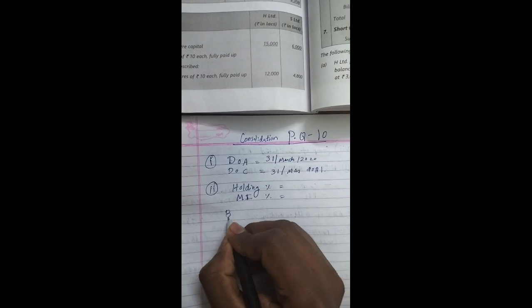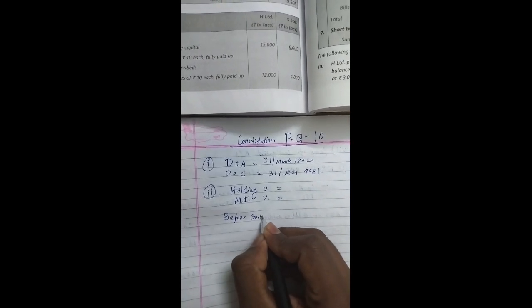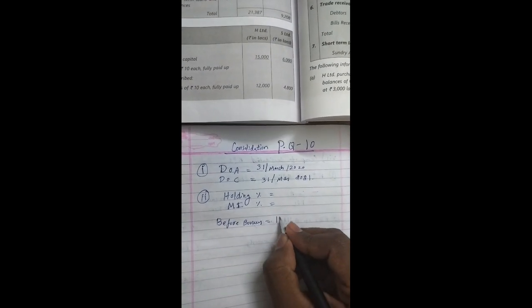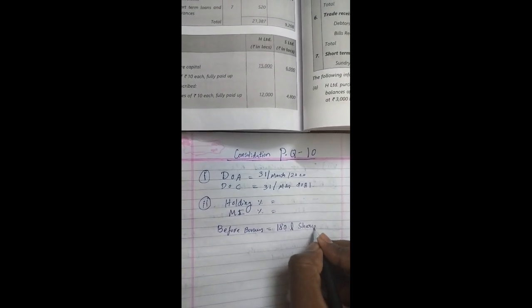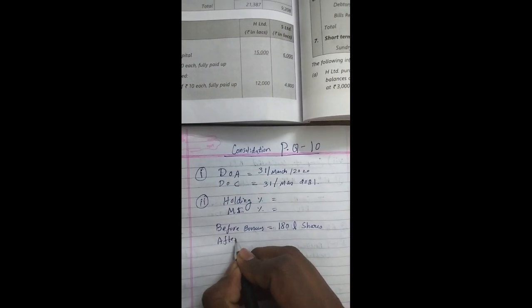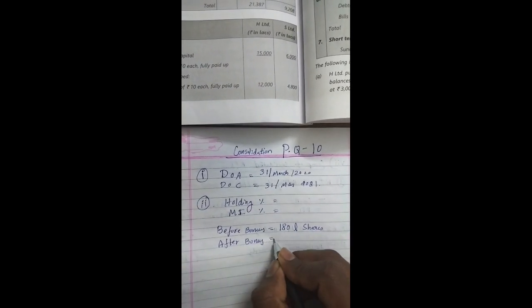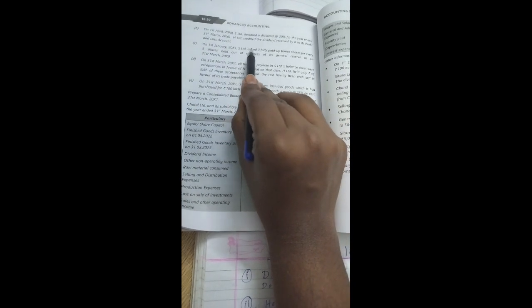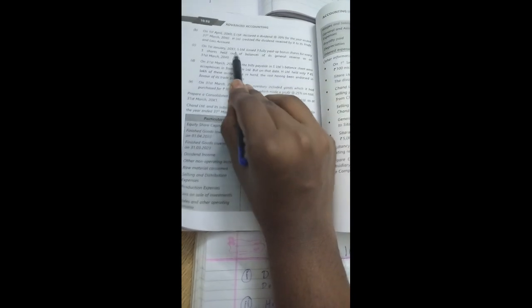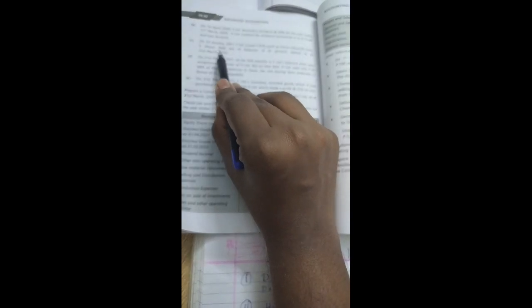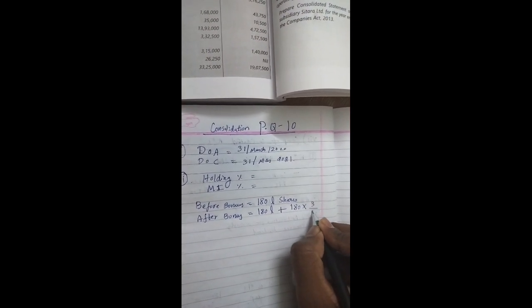Before bonus, 180 lakh shares. After bonus, the same 180 lakh shares plus, for every 5 shares, 3 shares issued.